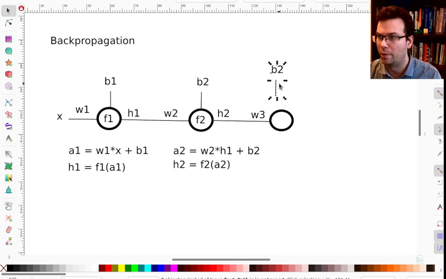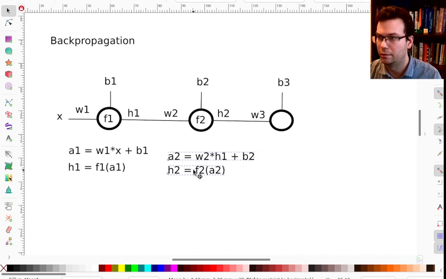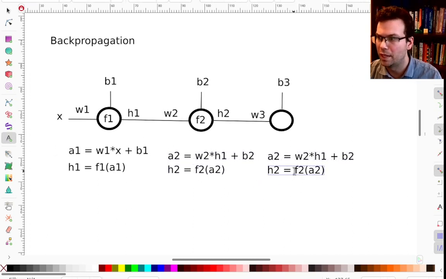Again, there's going to be a bias. I'll call this B3. And so the result out of that layer is going to be exactly like this, except now, we'll say A3 equals W3 times H2 plus B3. And then H3 is then just the nonlinear function F3 applied to A3.